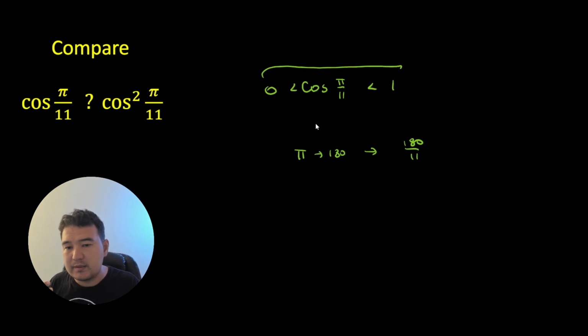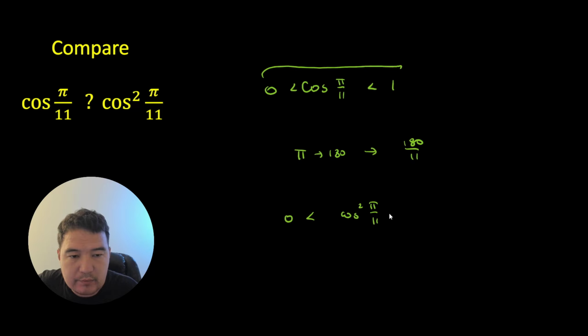And what happens if you take the square of a number which is between 0 and 1? If I take cosine square pi over 11, the number becomes smaller. Look at this expression: 1 over 2 is a number between 0 and 1.